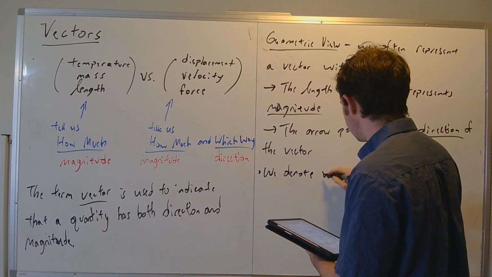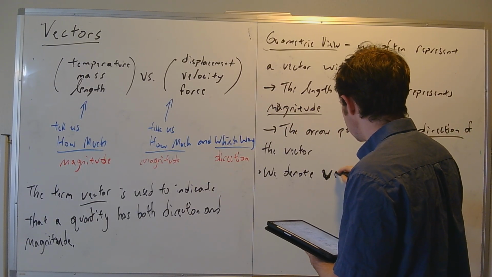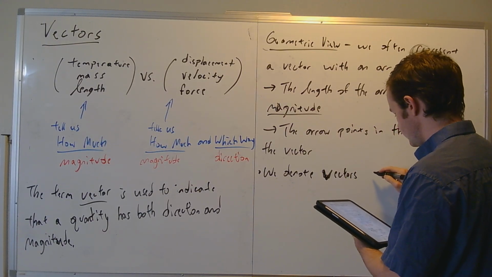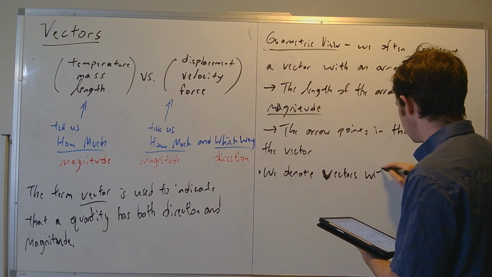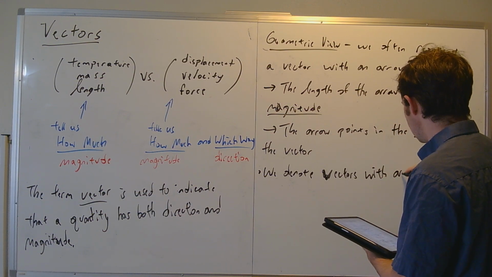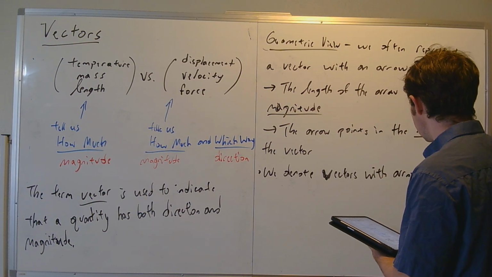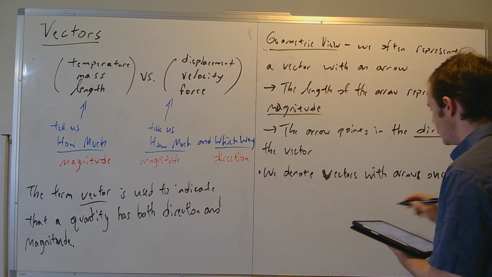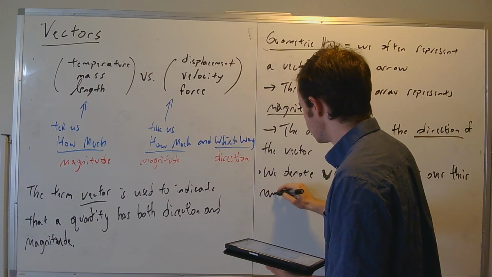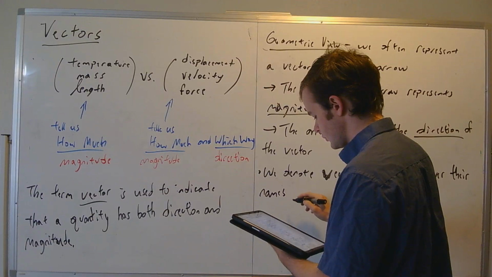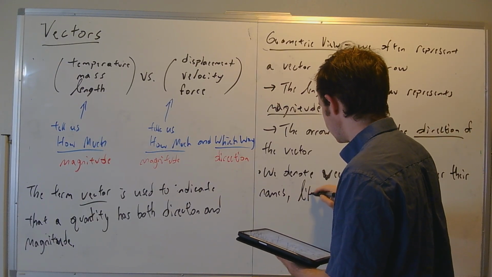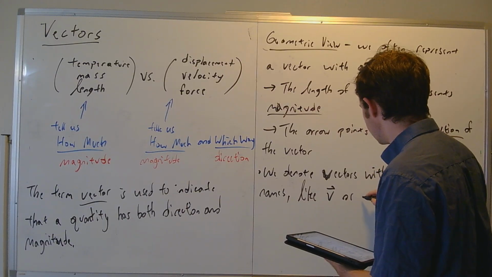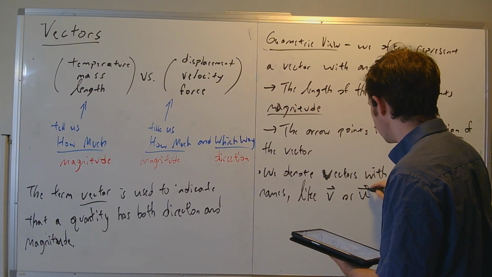And I'll say here we denote vectors with arrows over their names like v or u.